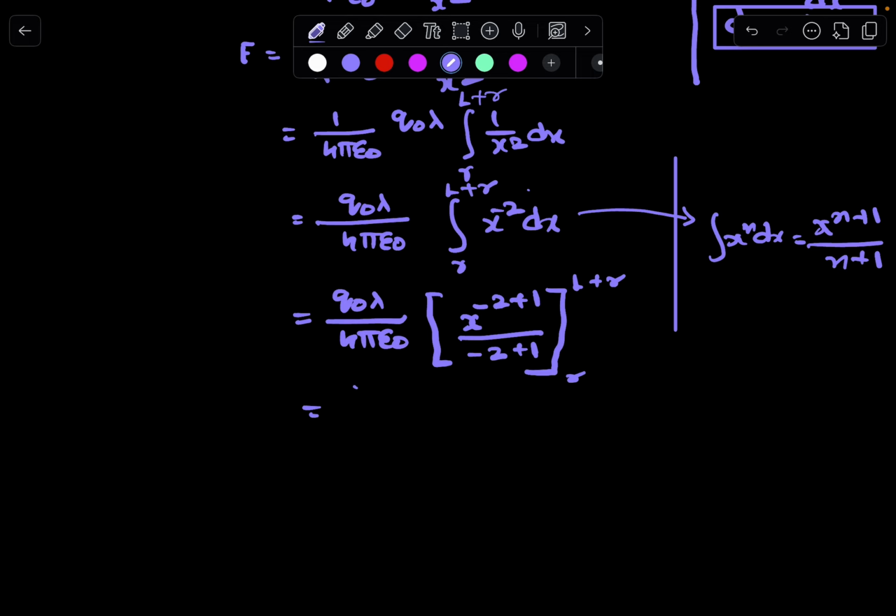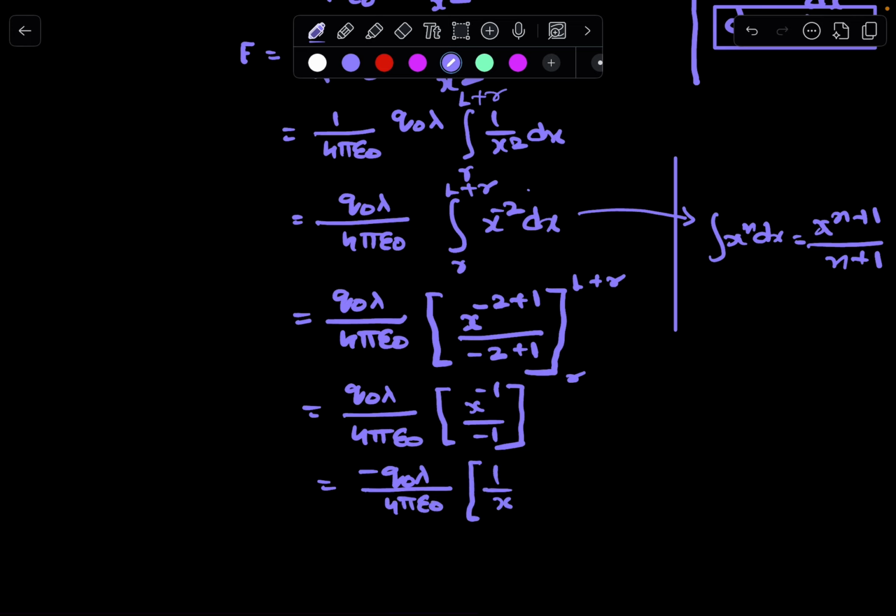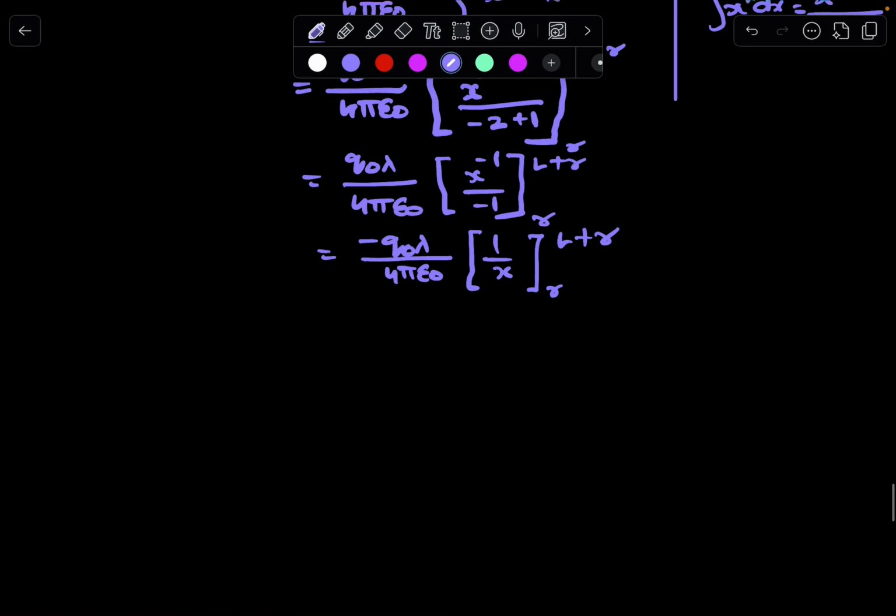Therefore q naught lambda by 4 pi epsilon naught into x power minus 1 by minus 1. This minus 1 I'm taking outside, and x power minus 1 goes to the denominator as 1 by x. Therefore minus q naught lambda by 4 pi epsilon naught into 1 by x, which varies from r to L plus r.